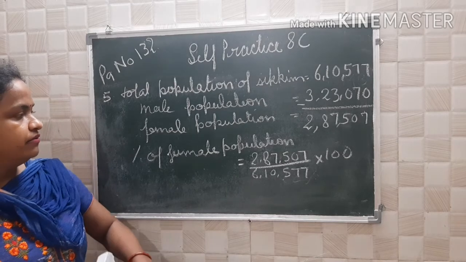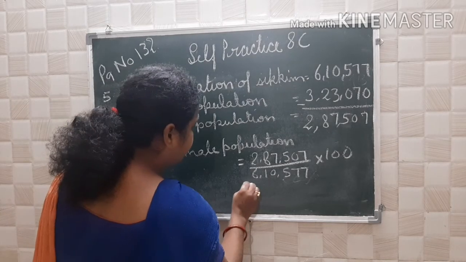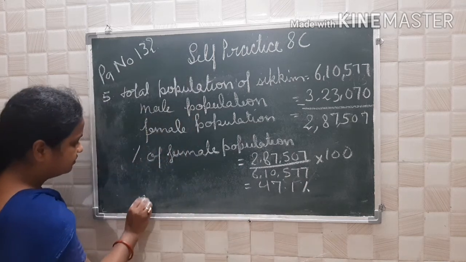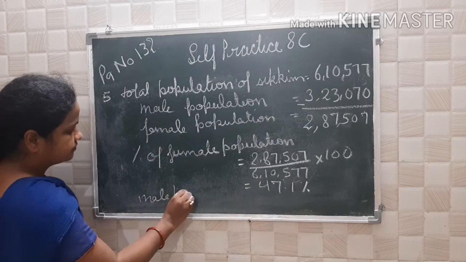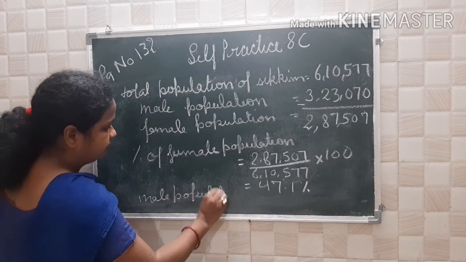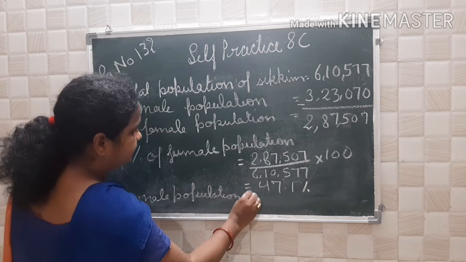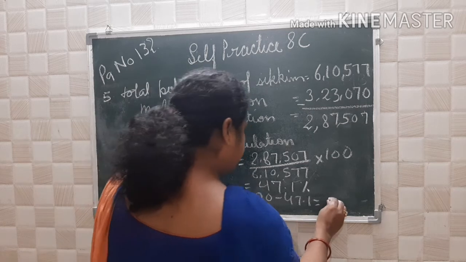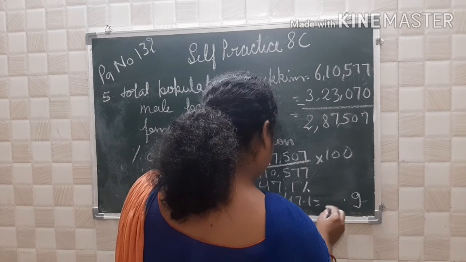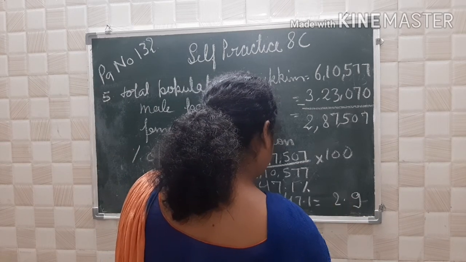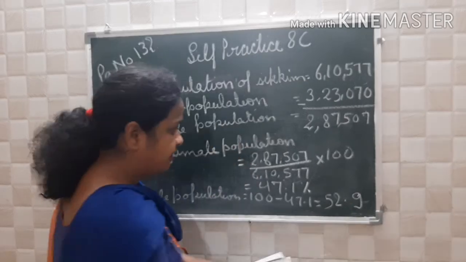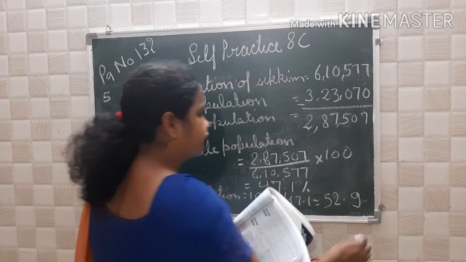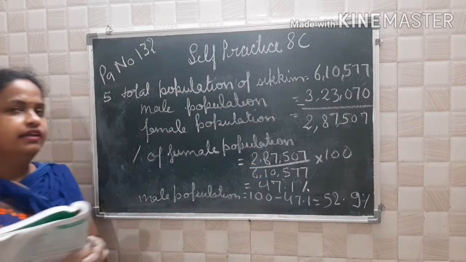So what is the female population? 47.1% and male population is 100 minus 47.1, that is 52.9%. Female is 47.1 and male is 52.9%.